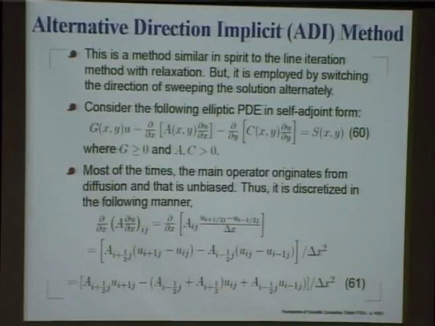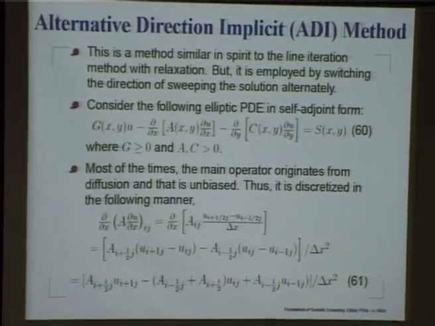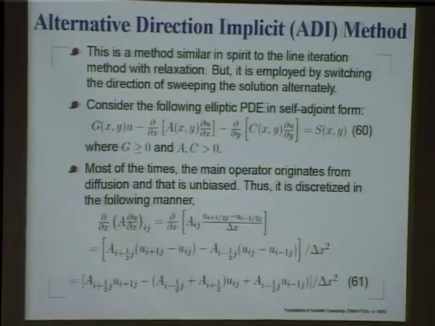If I do that, then I am going to take this one shifted half to the right, that is why I have written a I plus half j, and that is multiplied with this quantity u I plus half j, that has to be differentiated, and if I take half a point shifted to the right, that will give us u I plus 1, and if I take half a point to the left, that will give me u I j.